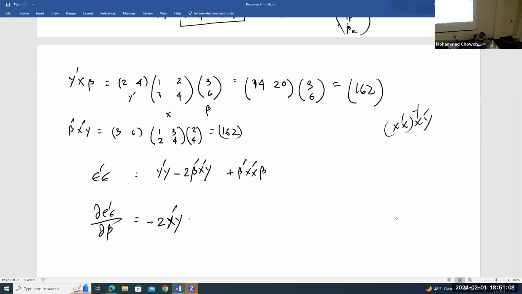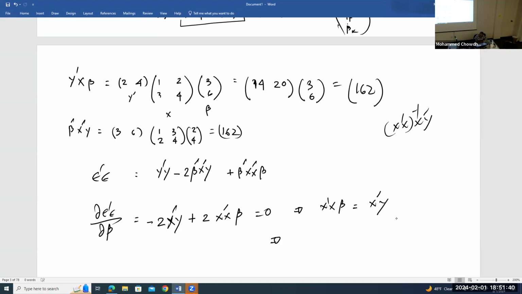Here is the minus, and in this case, you will get 2 x prime x beta equal to 0. First order derivative equal to 0. Okay, so from there you can write in here, x prime x beta equal to x prime y. Okay, from there you can write.